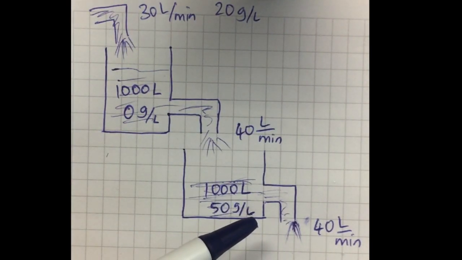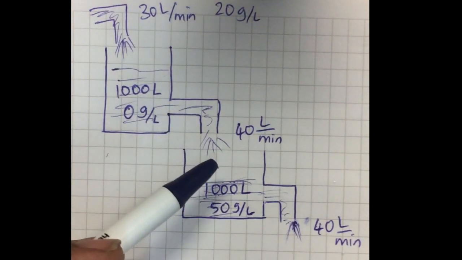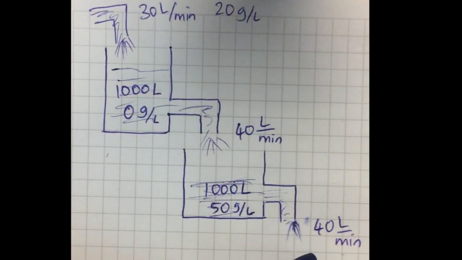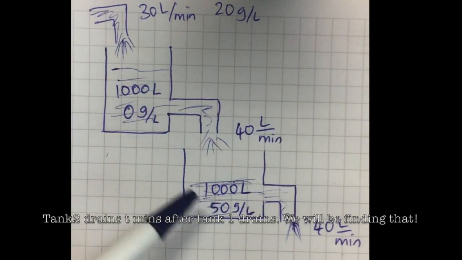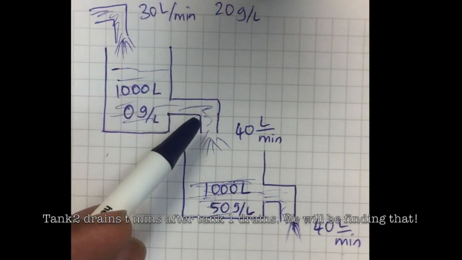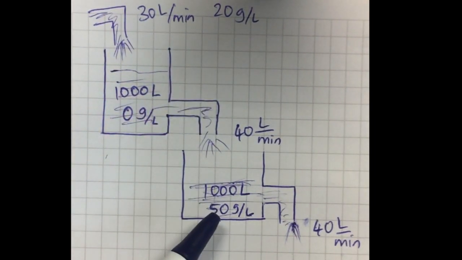You can just think about it in this way: in 1 minute, 40 liters of salt water is going to enter, and in the same minute, 40 liters is going to exit. So tank 2 is always going to remain at 1000 liters. But the concentration is definitely going to change, because the water coming in is only 20 grams per liter. So we expect the concentration to reduce from 50 grams per liter.